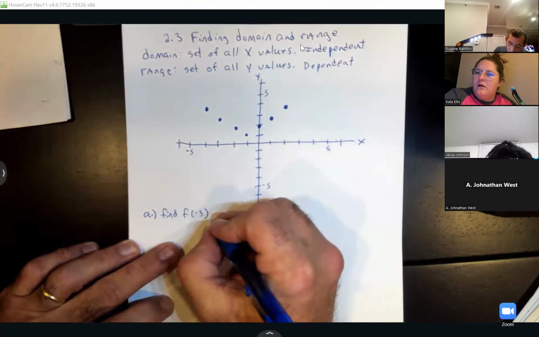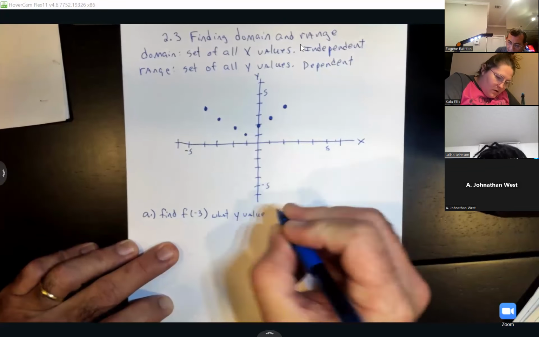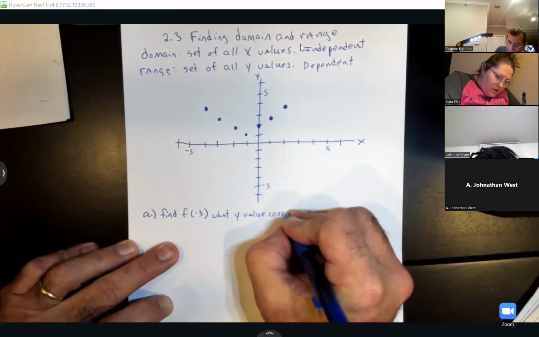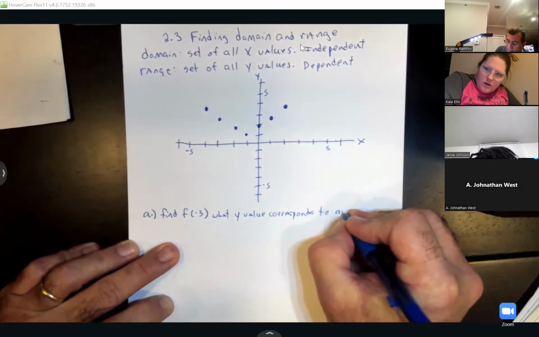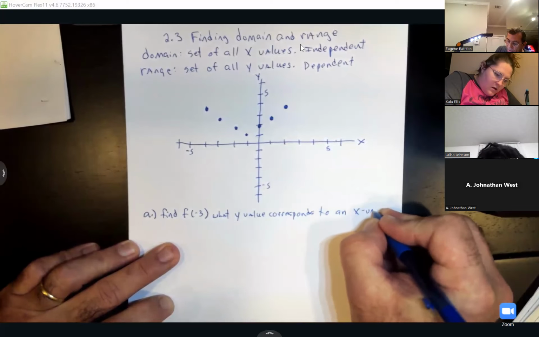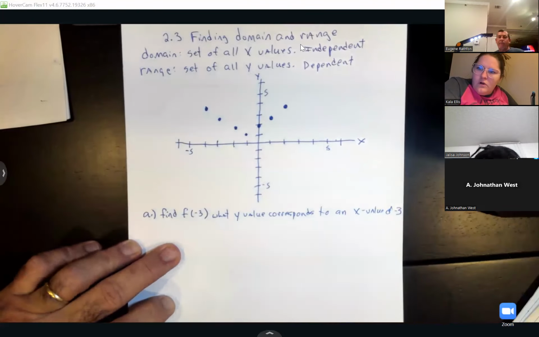Okay, so what y value corresponds to an x value of -3?